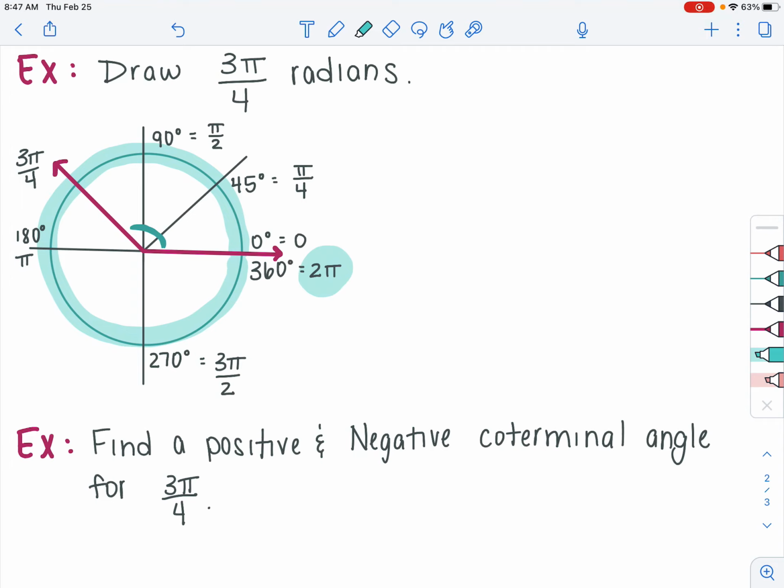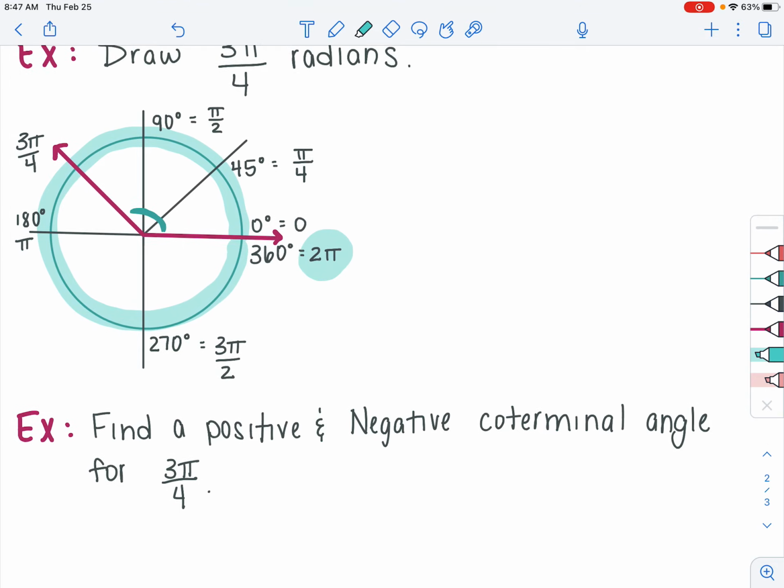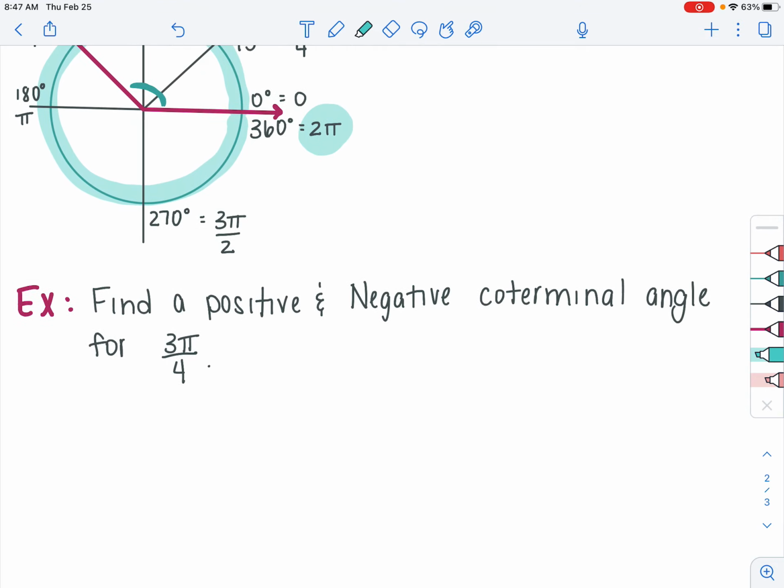So anytime I want to find coterminal angles for radians, I need to add or subtract 2 pi. So in order to do this calculation, I'm going to take 3 pi over 4, and I'm going to add 2 pi.